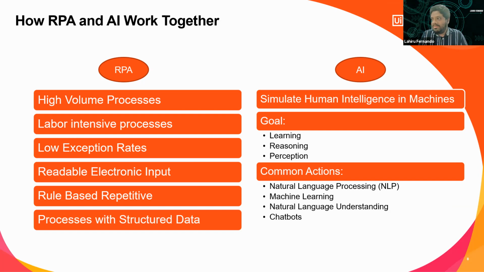And with AI, what are the common actions? One thing is natural language processing, machine learning, chatbots. These are the usual things that we hear. But what's the use of these things? I'll tell you some examples.